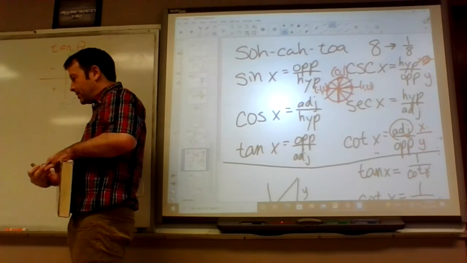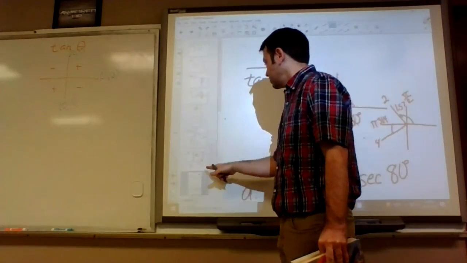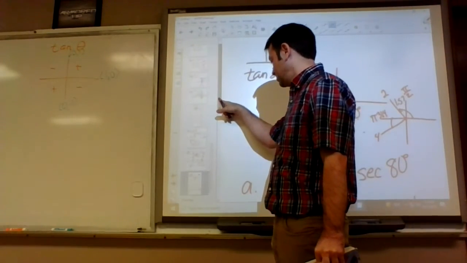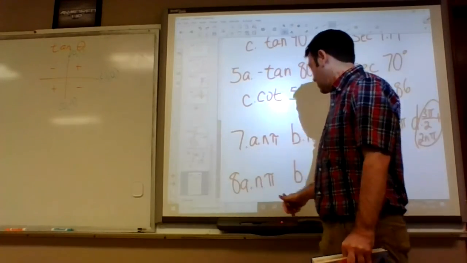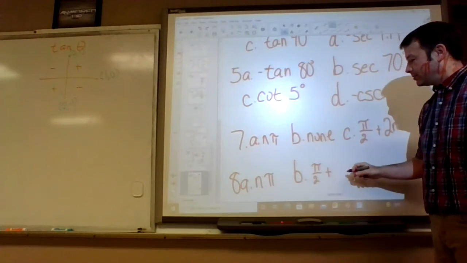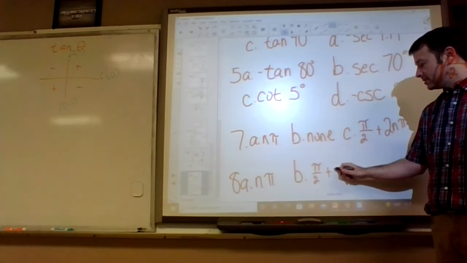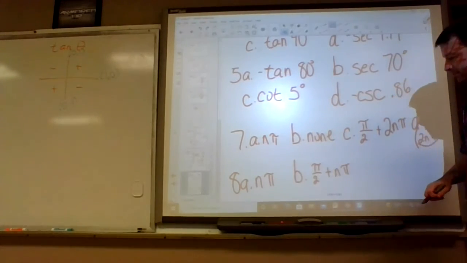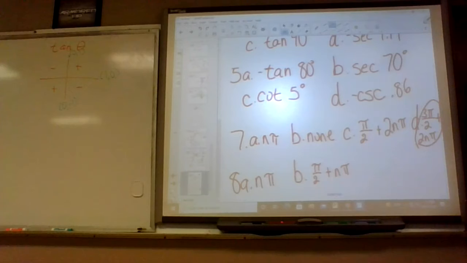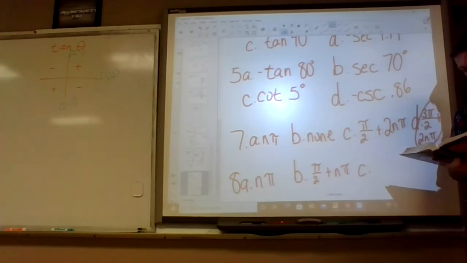So how do I write that in radians? Half pi, plus pi, 3 halves pi, 3 pi over 2. How do we write 180 in radians though? Pi. So why pi, not 2 pi? Because every 180, the x value goes back to 0, not 360.